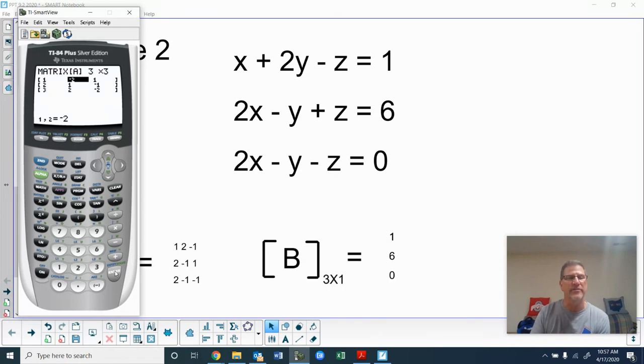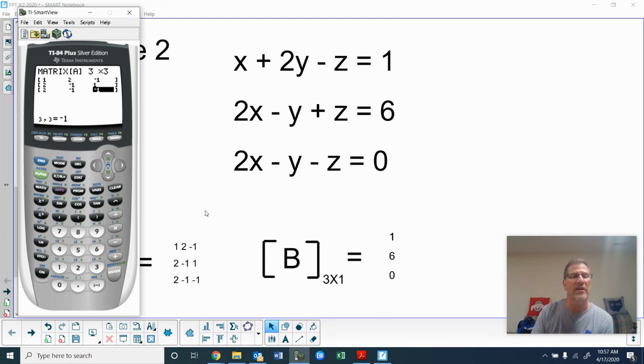And then positive 2. So I just hit 2, enter. And then negative 1, enter. And my middle row is 2, negative 1, and 1. And then the bottom row, 2, negative 1, and negative 1.